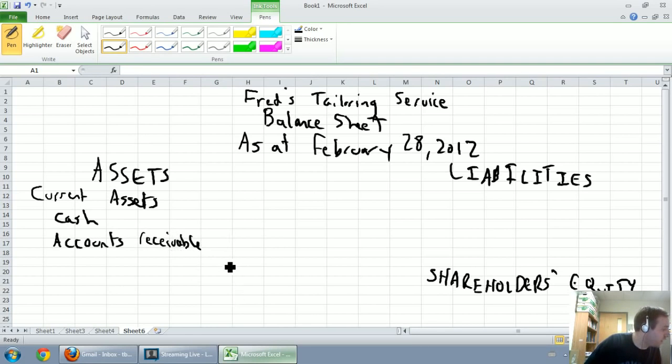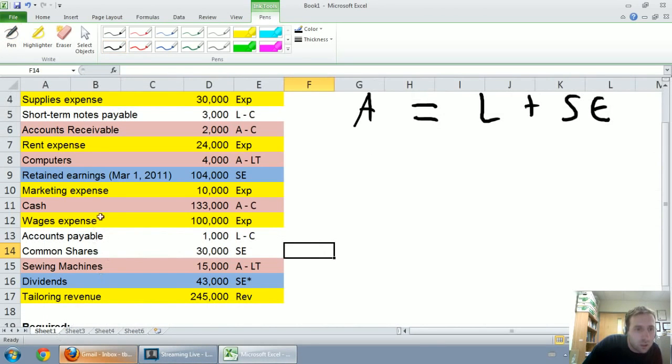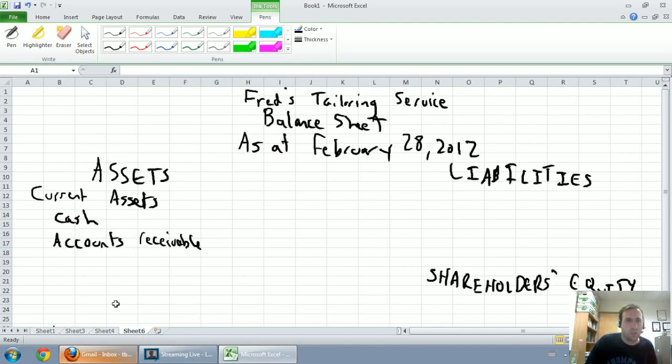And our cash was 133 and our accounts receivable was 2. So let's fill that in. Cash was $133,000. Accounts receivable is $2,000. So 133 plus 2 is 135.